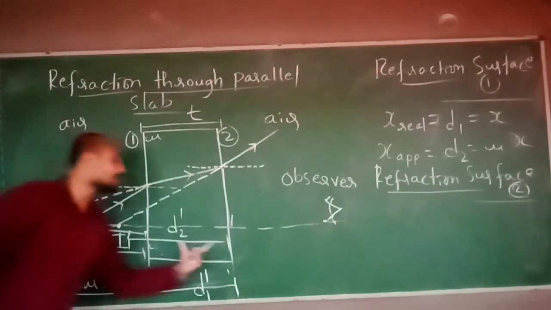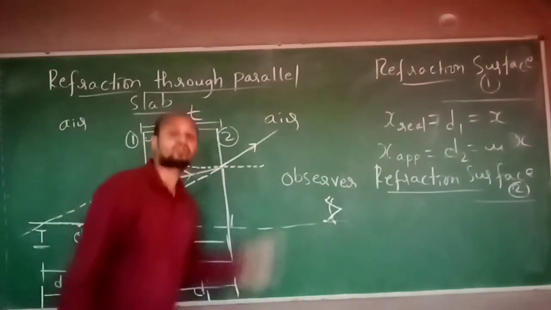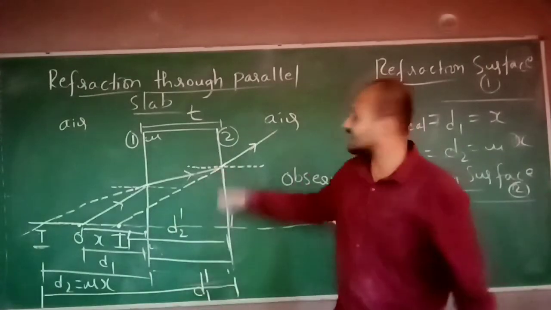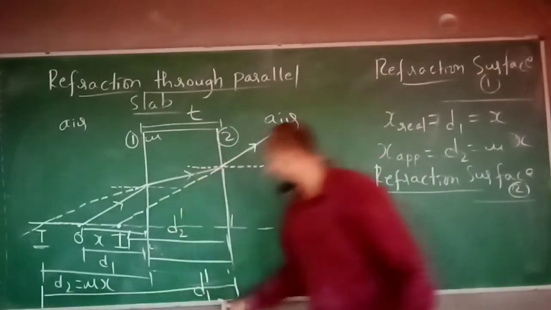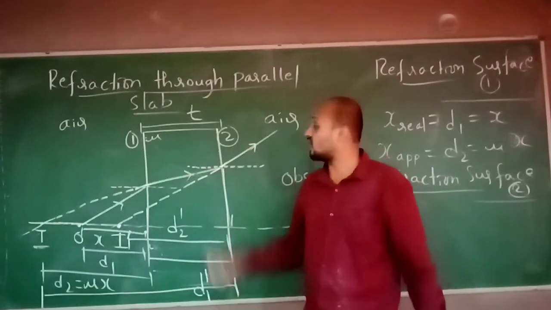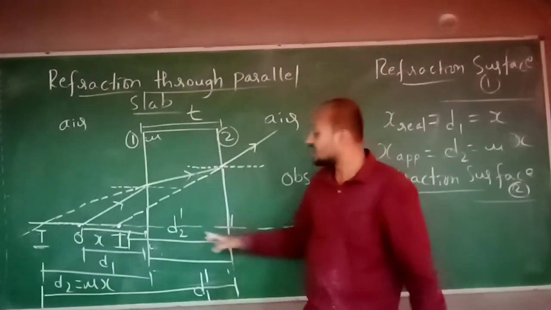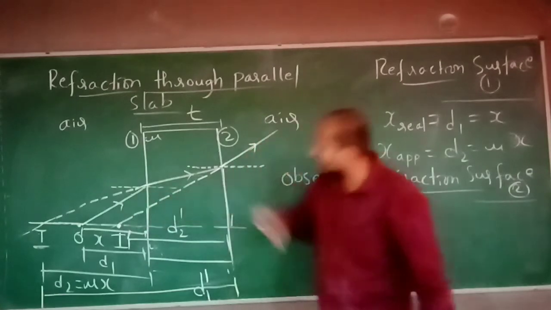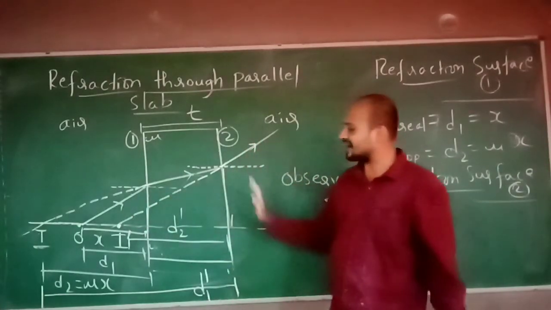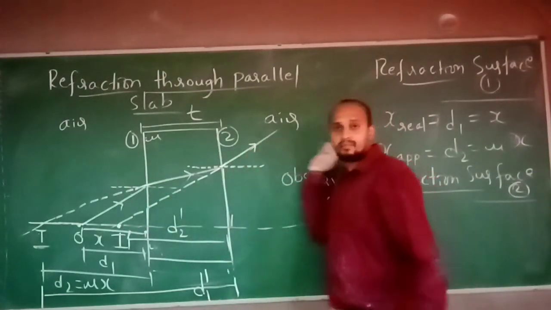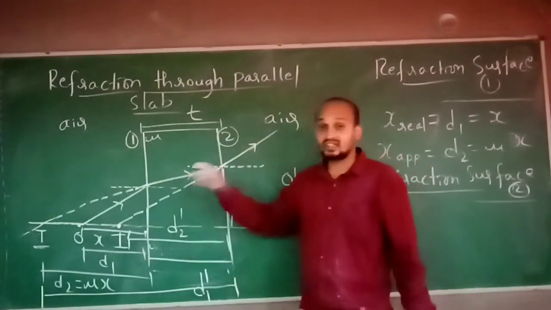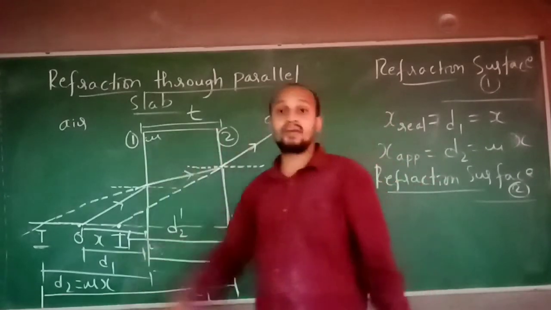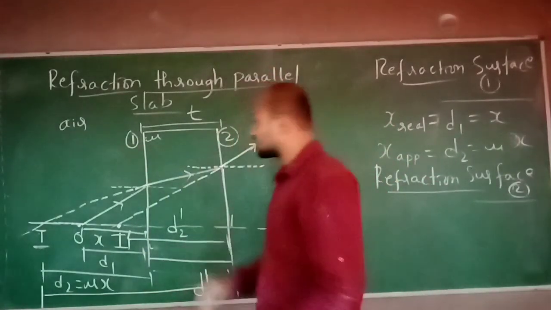So this will become the apparent depth for refraction through the second surface. D1 dash is the real depth for refraction through the second surface, and the apparent depth will become D2 dash.